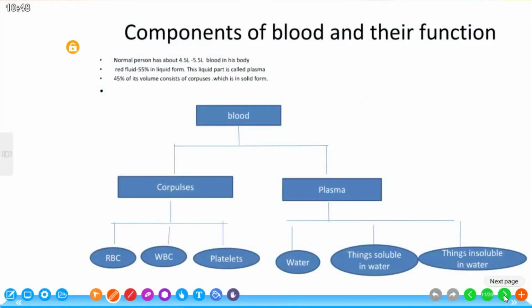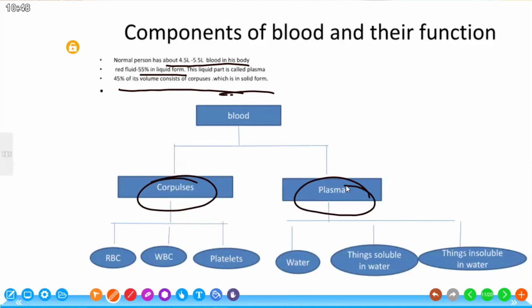A normal person has about 4.5 liters to 5.5 liters of blood in his body. And in blood, 55% is in liquid form. This liquid part is called plasma. And 45% of its volume consists of corpuscles, which are in solid form. So we can divide the blood into corpuscles and plasma.